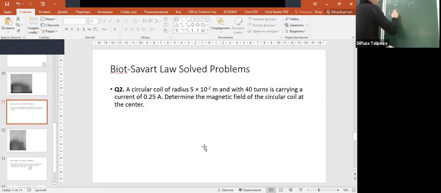B is equal to mu 0 divided by 4 pi multiplied by I and R squared here. And instead of the L, we should write here the 2 pi r. Okay, 2 pi r.